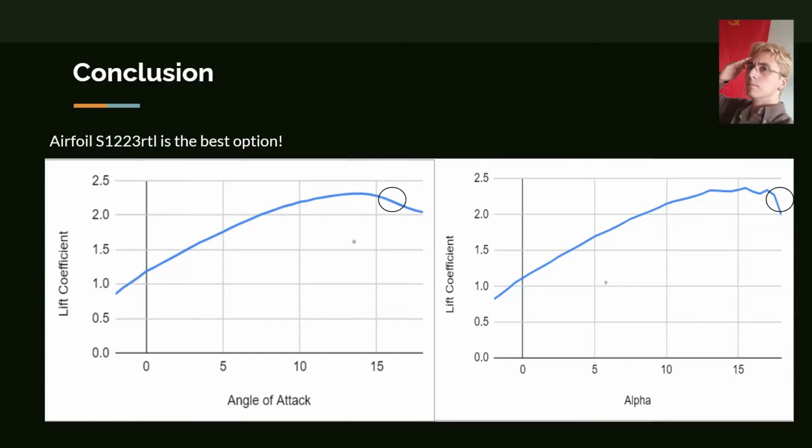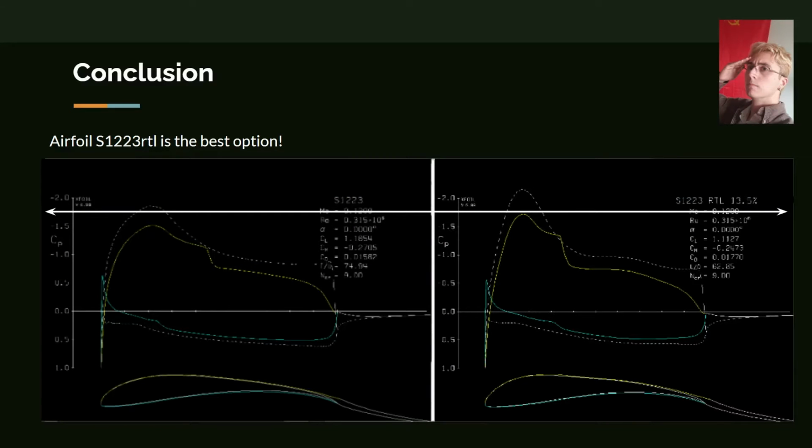And it also achieves a higher pressure coefficient, noted by RTL on the right with the yellow line. This means it's going to have more pressure pushing it upwards, which is a good thing. So while the S1223 is technically smaller and has a slightly more streamlined stall, noted in the step prior, the rest of the differences between the airfoils make the RTL airfoil the ideal choice for a model airplane.